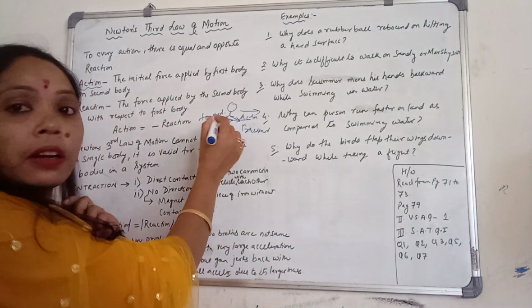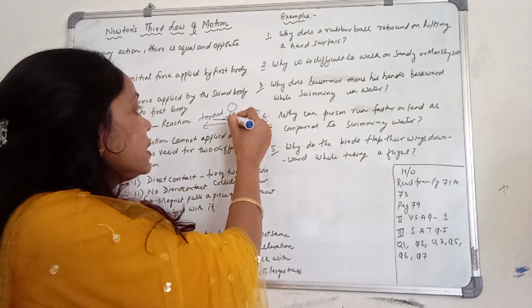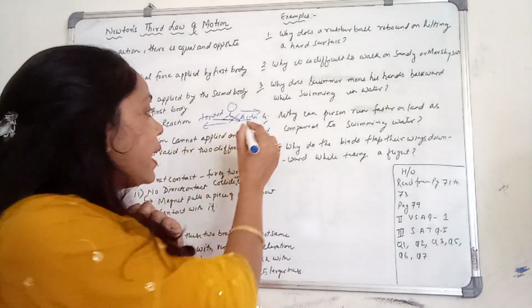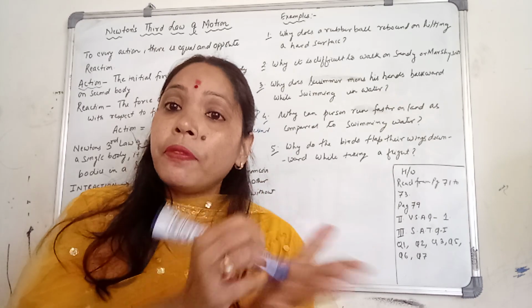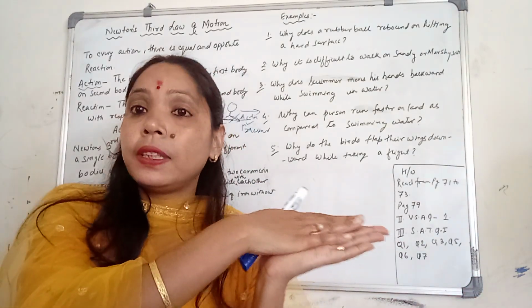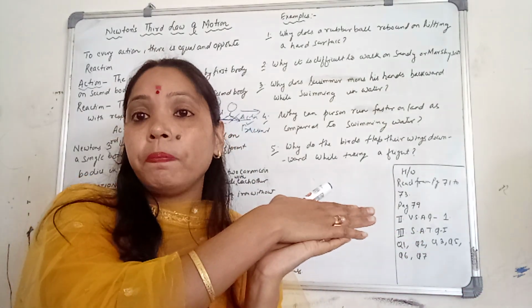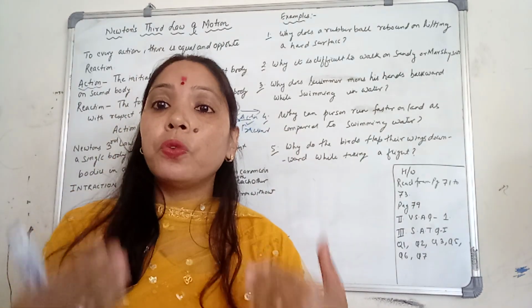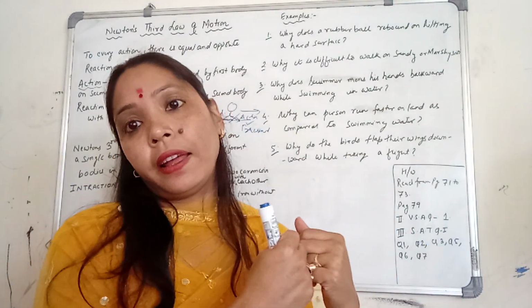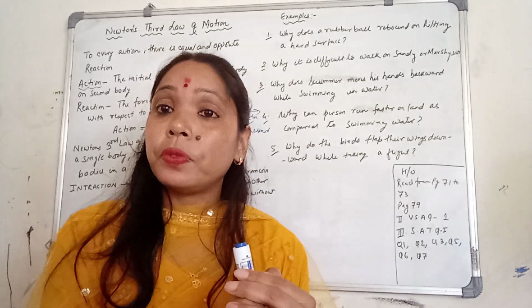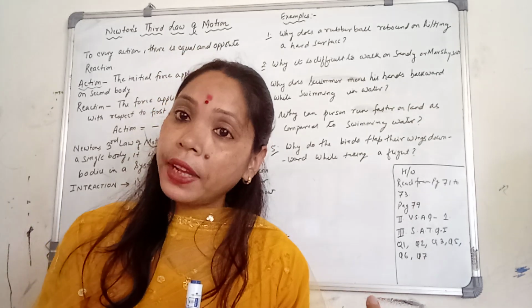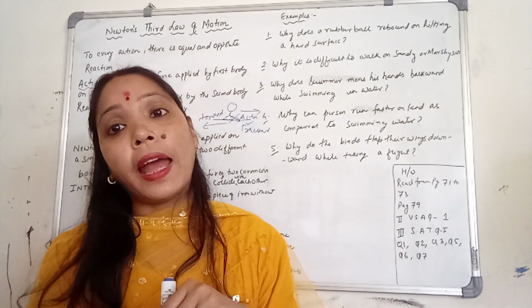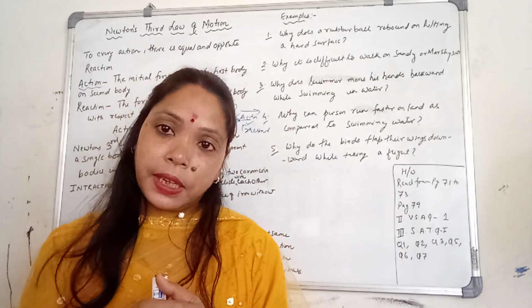So see here, how many bodies? One is your person and another is your ground. Whenever we apply the force in the backward direction, our body moves in the forward direction because of Newton's third law of motion: to every action there is an equal and opposite reaction.